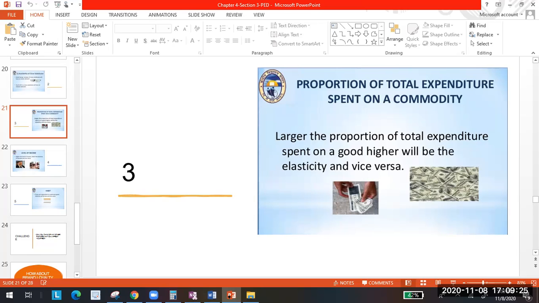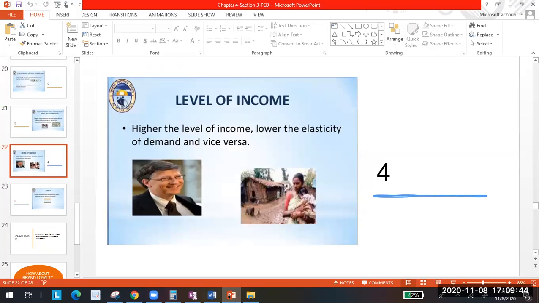If your income is less, your expenditure will what? Decrease. Very good. That's why they have used the words vice versa. You know the meaning of vice versa, right? Yeah.